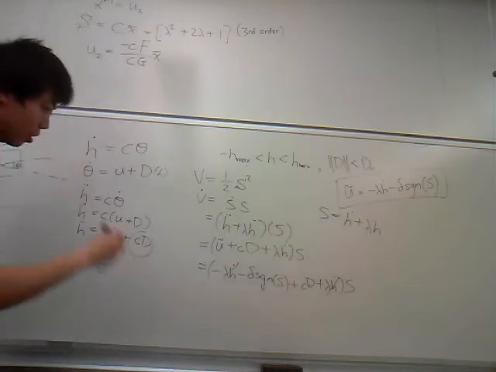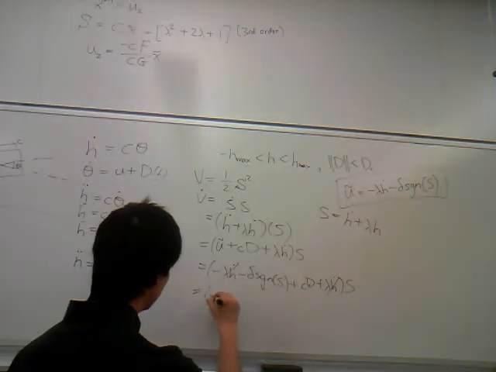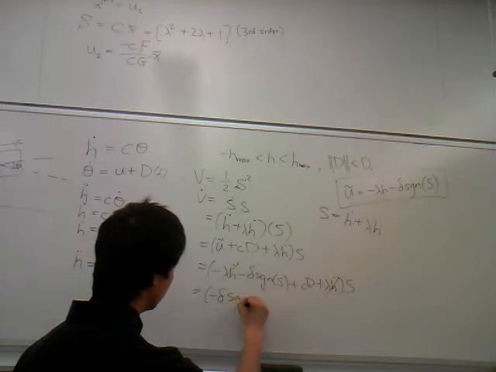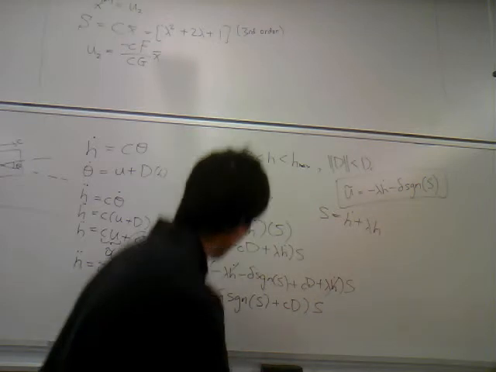These guys cancel out, and we have this: delta sigma S plus D times S.